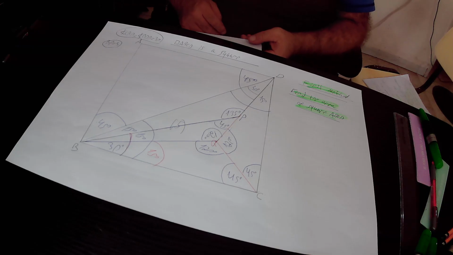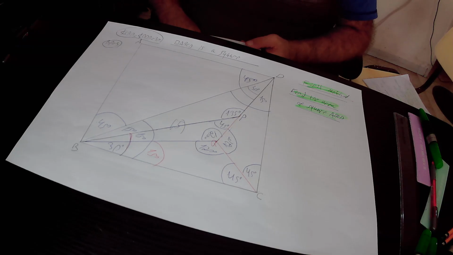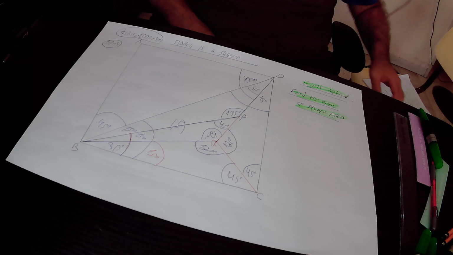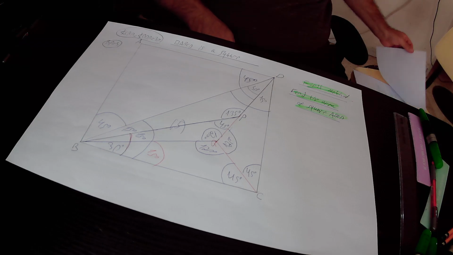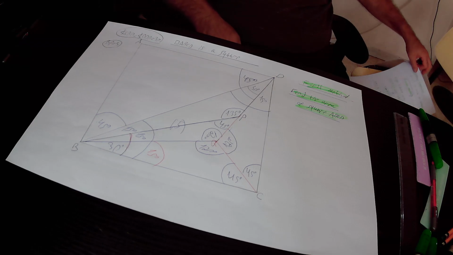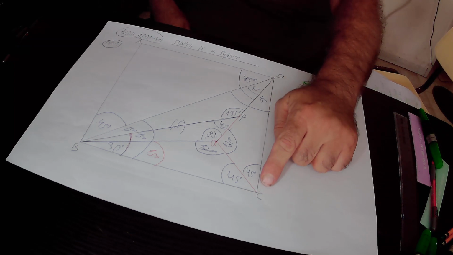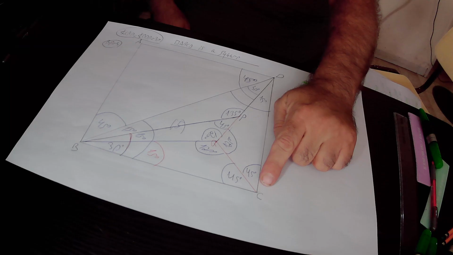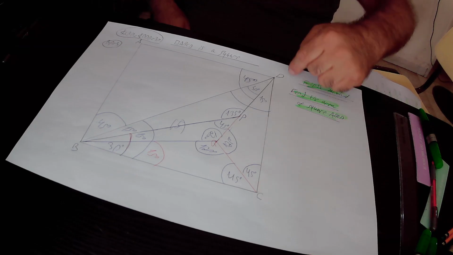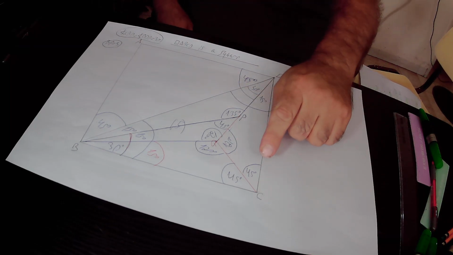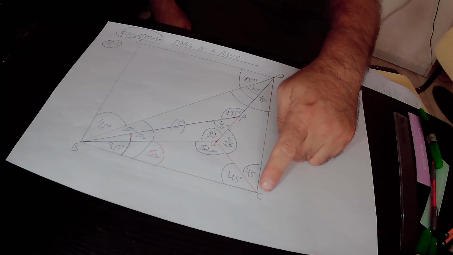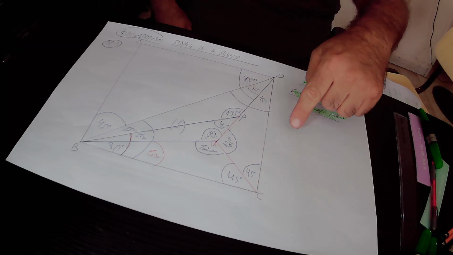In the next step, we do a construction. From point C, we draw the angle bisector of angle DCB. Angle DCB equals 90 degrees, so the angle bisector bisects it.